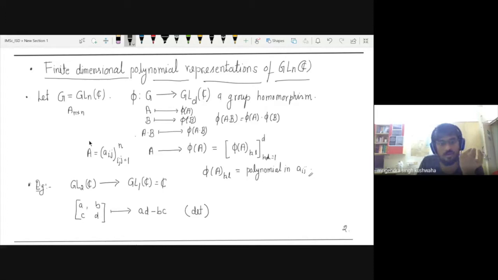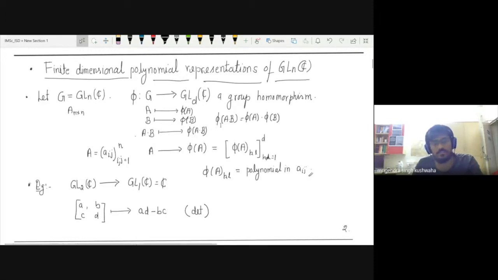What is a group homomorphism? It is a map from G to GL_d such that matrix A goes to phi(A) and matrix B goes to phi(B) in GL_d. If you multiply A and B, it is also an n cross n matrix, and you take the image of AB.